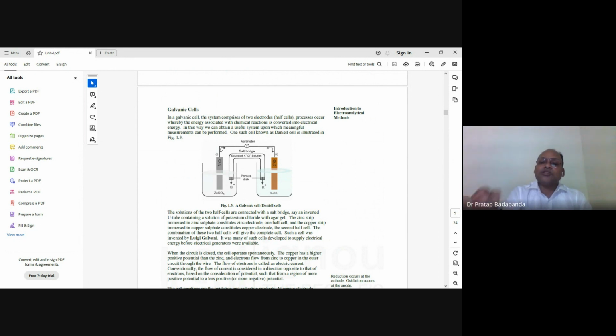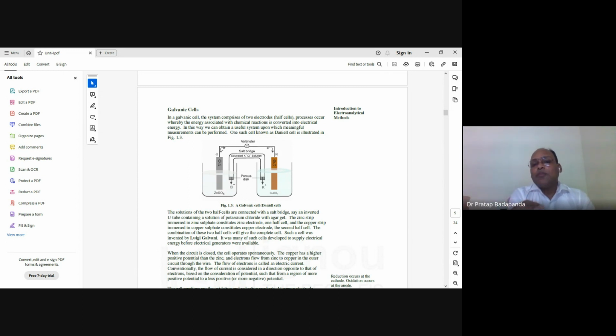Then it will pull the electrons, and the sulfate ion in the copper sulfate solution is in the minus state, right? So it needs to attract the plus charge. So KCl, the agar gelatin solution present in that glass tube, inside the salt bridge. That KCl is used, potassium chloride.